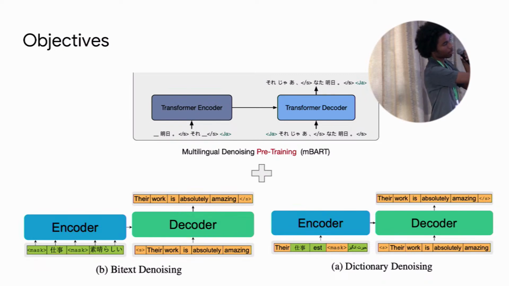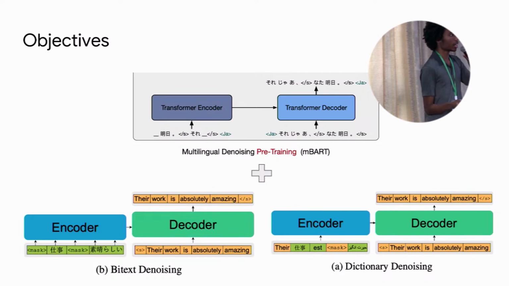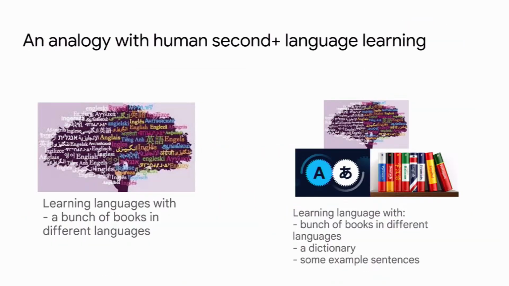No matter what the input is, they're all semantically similar, and it has to decode "their work is absolutely amazing." So it's a way of pushing all this cross-lingual signal into the same space, where the decoder can say, okay, this kind of means the same thing, so we should decode the same sentence when we're decoding in English.